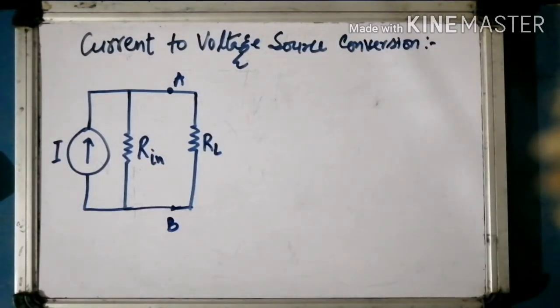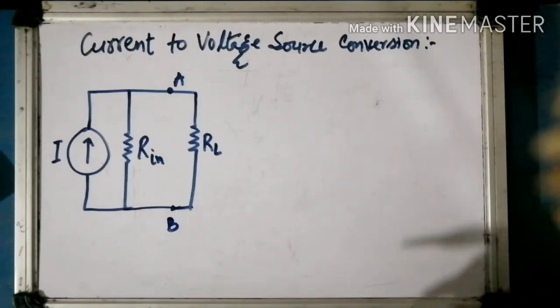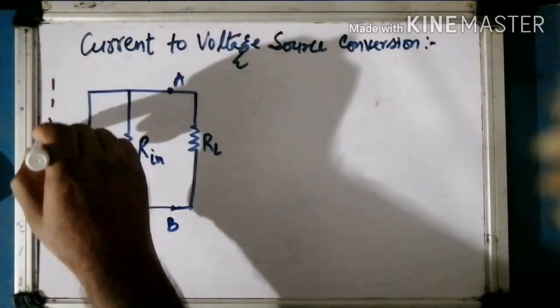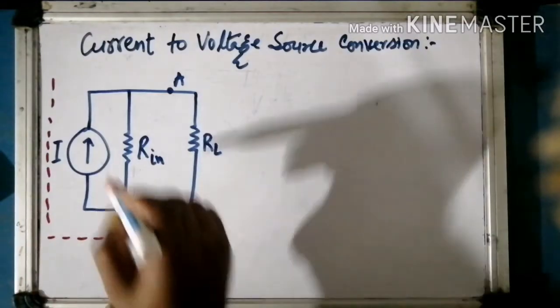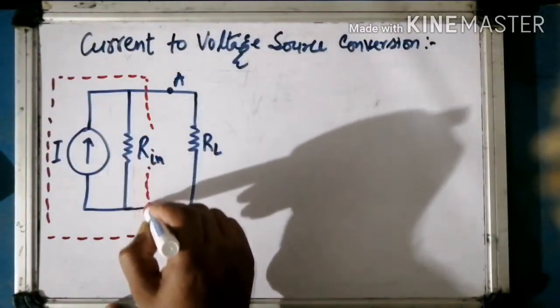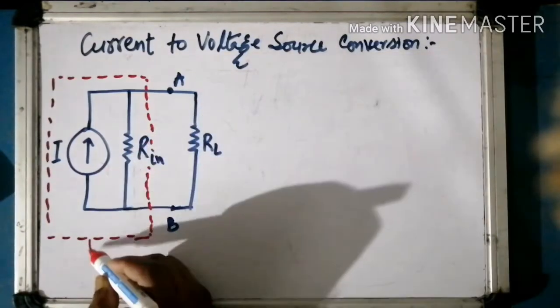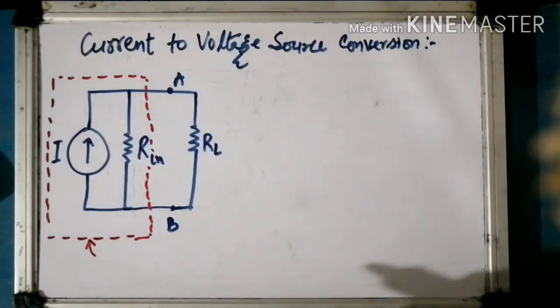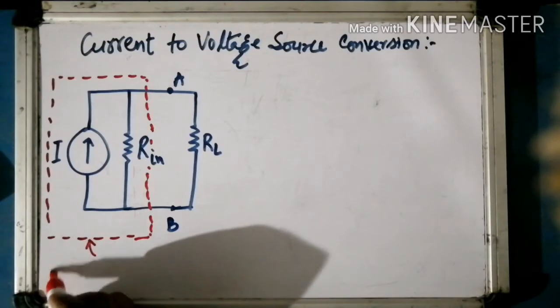It is connected in between points A and B, right? See the dotted portion, this one. The dotted portion is known as the real current source.